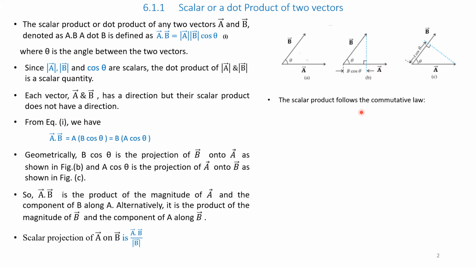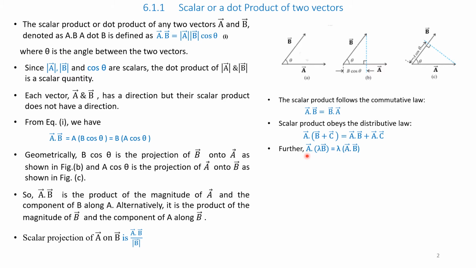The commutative law says vector A dot vector B is equal to vector B dot vector A. Scalar products obey the distributive law. The distributive law says vector A dot the sum of vectors B plus C is equal to vector A dot B plus vector A dot C.